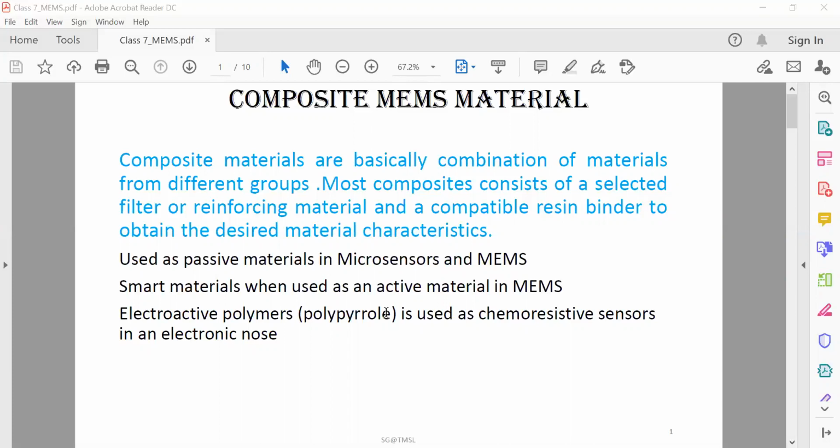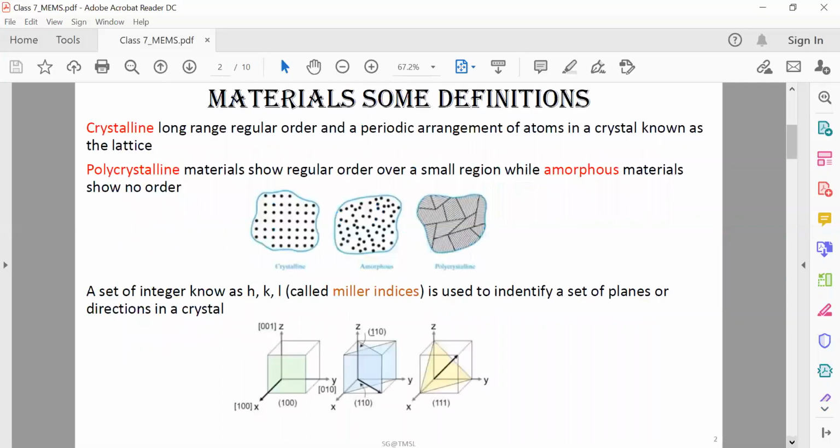There the polypyrrole material is used as an electroactive polymer. Now these are the different classes of materials used in MEMS.